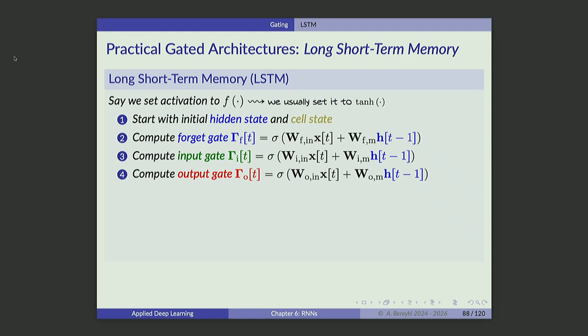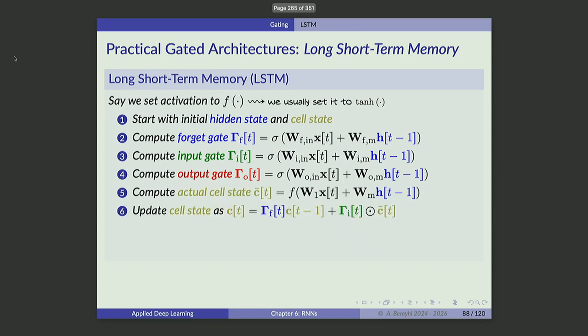So we have 3 gates: the forget gate, the input gate, and the output gate, and each of them is computed exactly as before. You look at your input and previous memory, and you do this computation activated by sigmoid. Then you are going to update your actual cell state. The fresh cell state is again computed from the previous hidden state and your input.